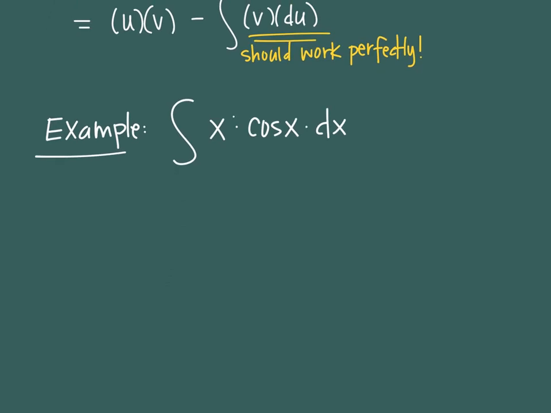For now, I'm going to make the u choice for you, and then I'll tell you some tips on how to make a good u choice. So what I'm going to do is I'm going to separate, and I'm going to make this part of my problem what I choose for u. Everything else that's left is what I'm going to choose for dv.